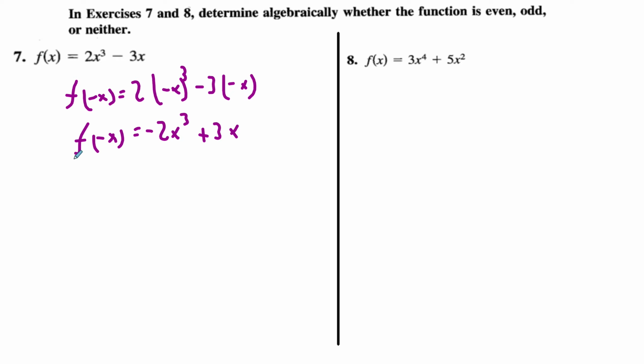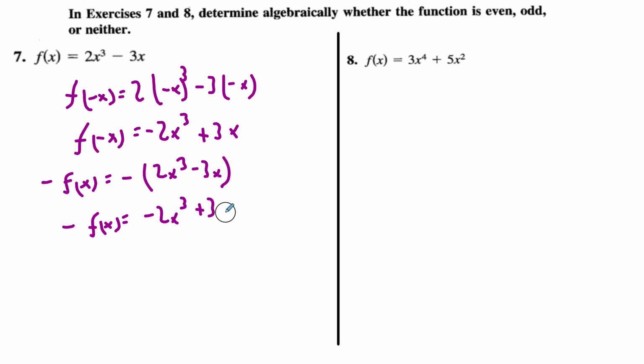These two do not match, so f of x is not equal to f of negative x. So we need to go on to find negative f of x, which means taking the opposite of both of these. And if you look, these two match, so therefore it is odd.